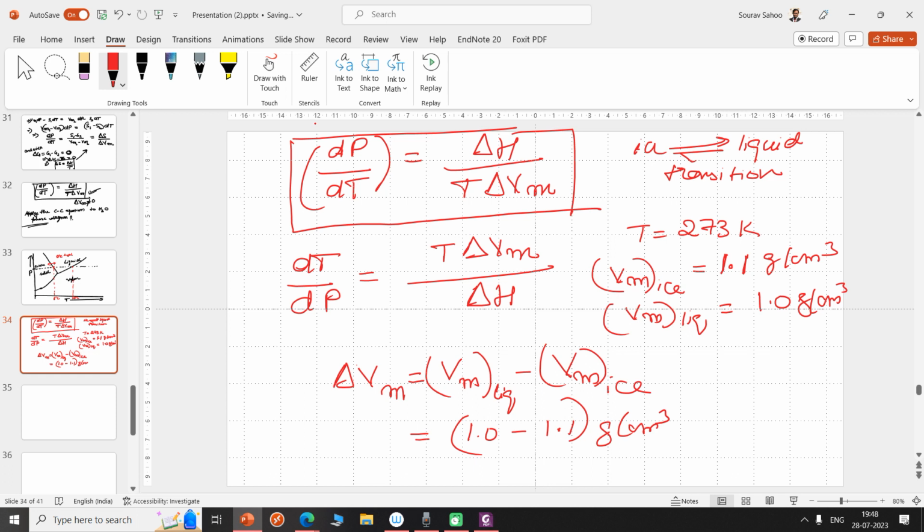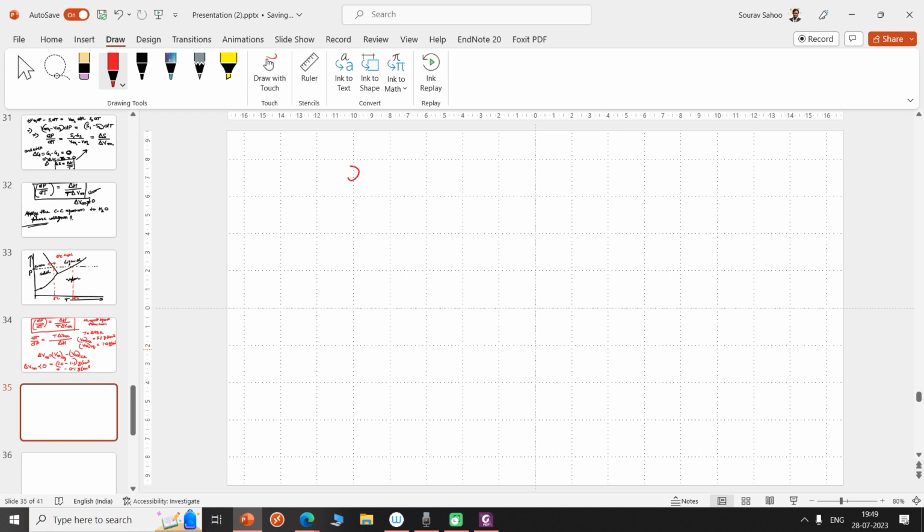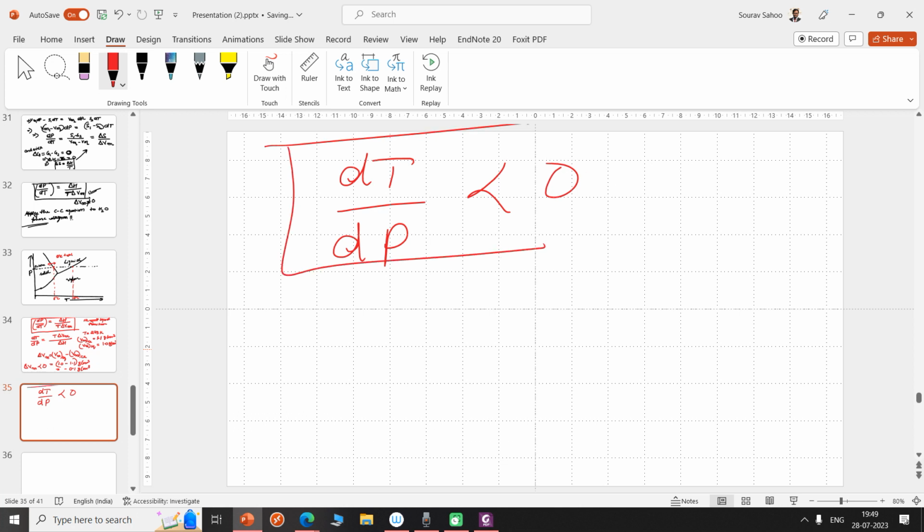So it gives me negative 0.1 gram per centimeter cube, right? So that means my delta Vm is less than 0, and this tells us that dT by dP is less than 0.